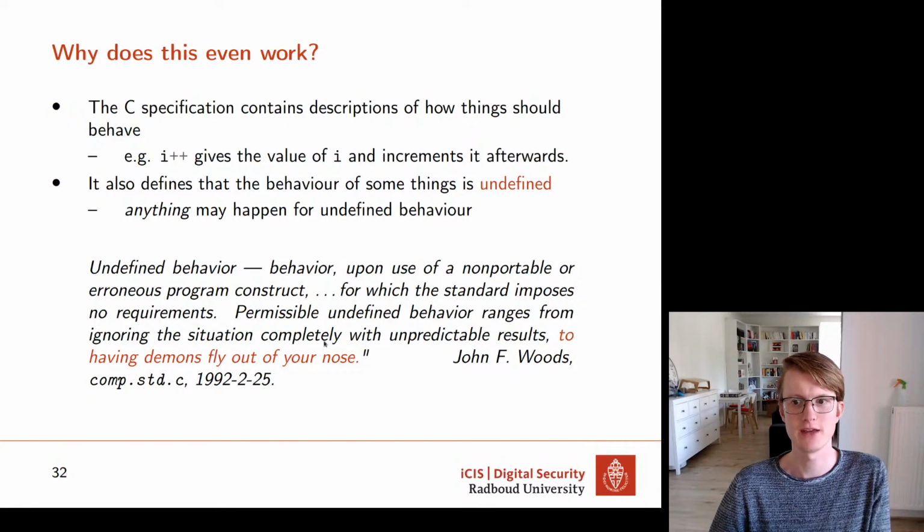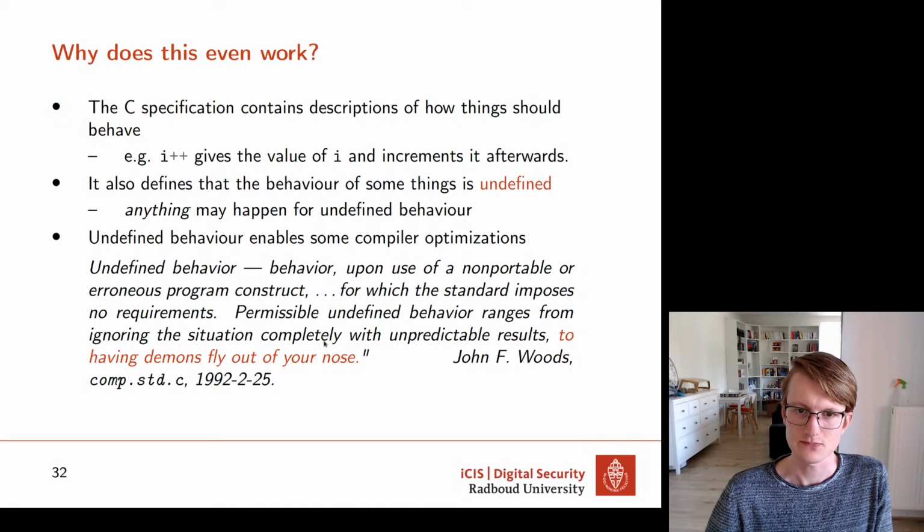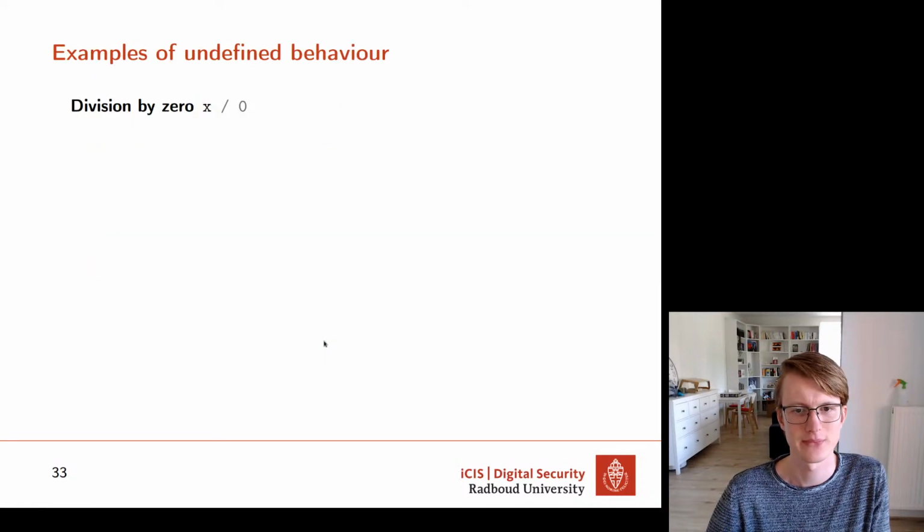Permissible undefined behavior ranges from ignoring the situation completely with unpredictable results to having demons fly out of your nose. The reason it is there is that it enables assumptions that allow your compiler to do smart things. But strictly speaking, you could get that by giving an error upon compilation if you have something that is bad.